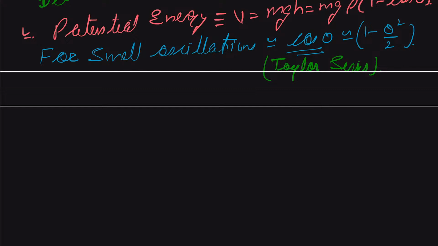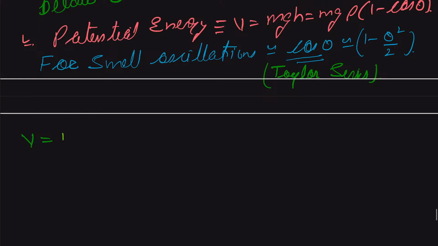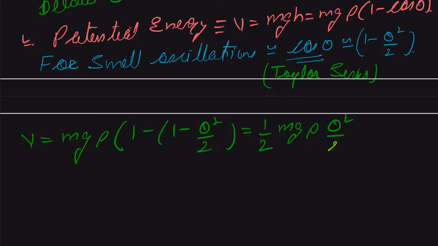Therefore we get that our V will be equal to mg rho times 1 minus theta square upon 2, and this 1 and 1 cancels out, so we get half mg rho theta square. So this is our potential energy.